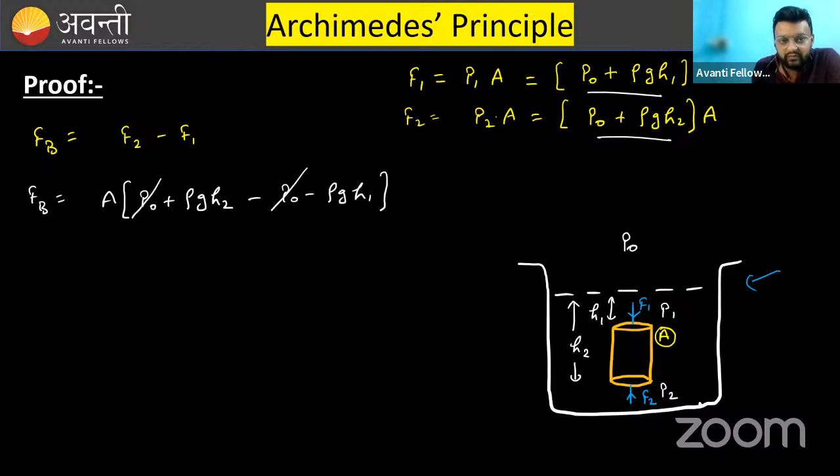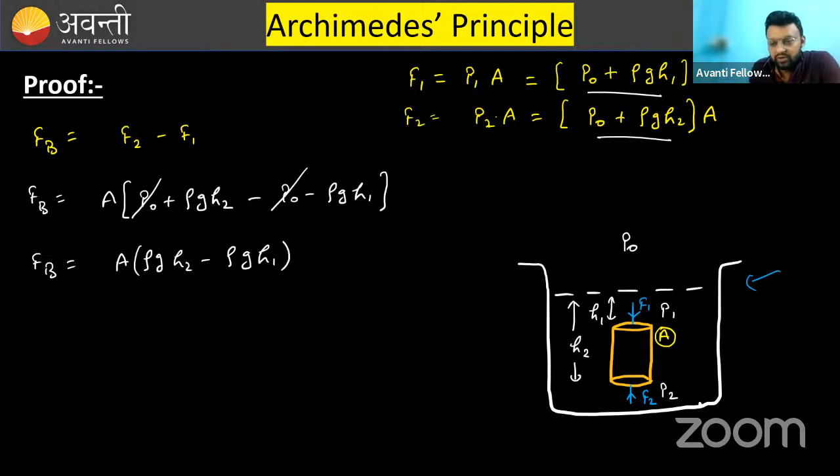P naught and P naught will get cancelled. So buoyant force will remain A into rho g h2 minus rho g h1.